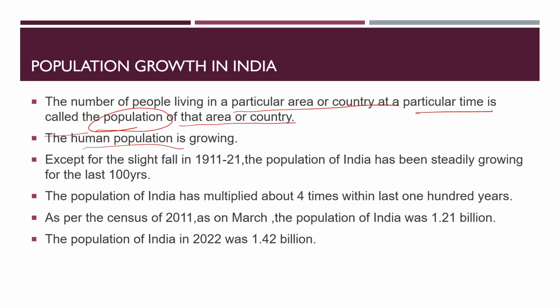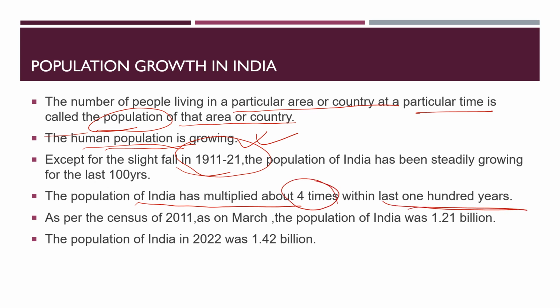So human population, we all know it's growing. Except for the slight fall in the years from 1911 to 1921, the population has been growing for the last 100 years. According to the data, at that time the population was slightly falling due to certain reasons. Now the population of India has been steadily growing for the last 100 years. It has multiplied 4 times within the last 100 years.